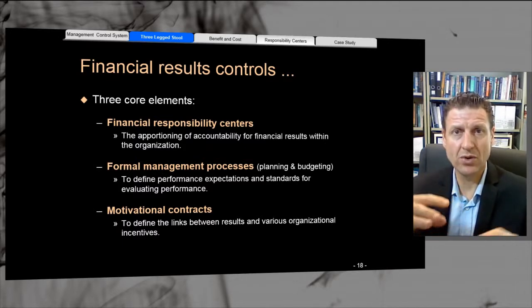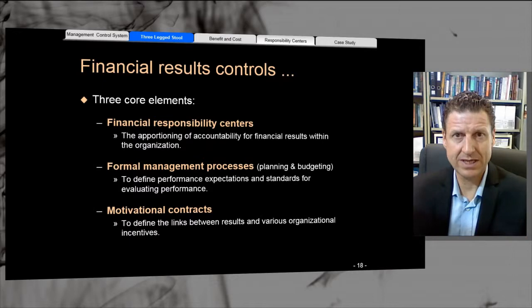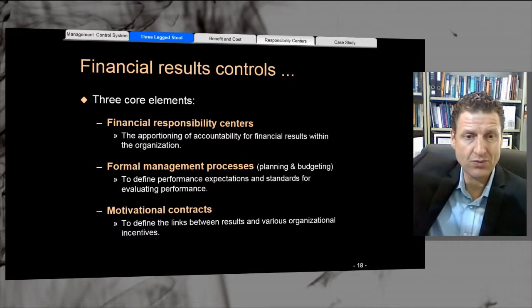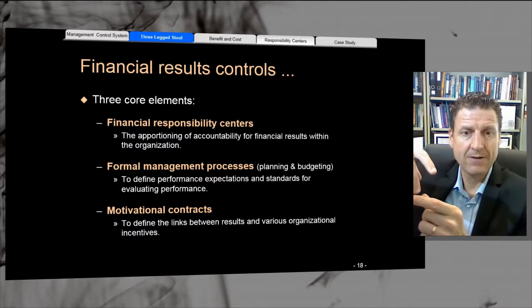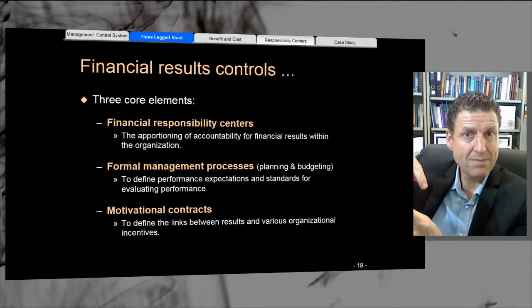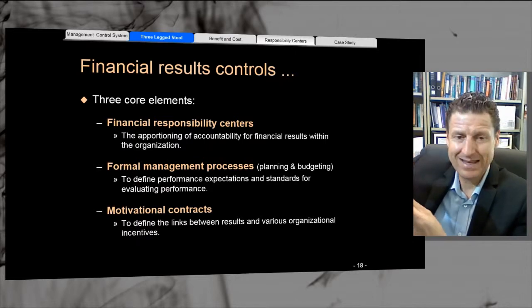And so we call these responsibility parts responsibility centers. Now, when we talk about three elements here, it's basically the three-legged stool again. Responsibility centers, formal management processes, which is the measurement, and then motivational contracts, which is the incentives. All right: decentralization, measurement, and incentives.